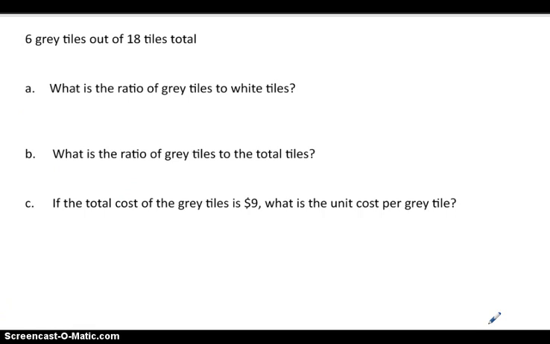In this problem, you have a picture on your study guide that shows a border of gray tiles, and there are 6 of them out of 18 tiles total. The first part of this problem says, what is the ratio of gray tiles to white tiles?